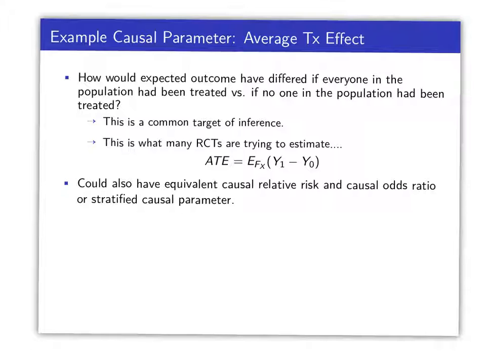And at the end, one of the most common kinds of parameters that people get at are the so-called average treatment effects, ATE. You might have heard things like propensity score matching or inverse weighting, or other estimators, G estimation or G computation. And we're going to talk about those at some level.